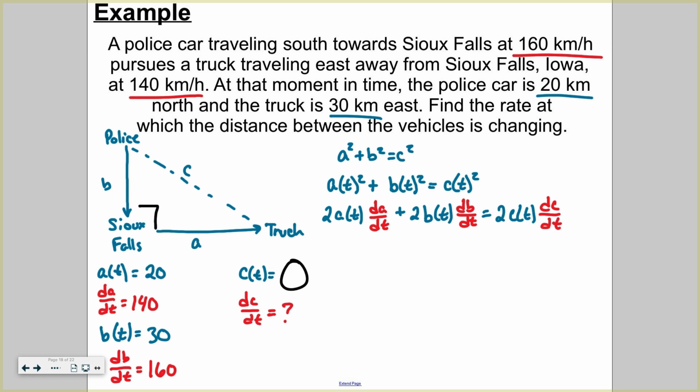And again, this is where the Pythagorean theorem comes into play. So we can draw our triangle. We know that the truck is 30 kilometers, the police is 20 kilometers, and we need to find the hypotenuse. So 20 squared plus 30 squared equals question mark squared. So this is going to be 400 plus 900 equals question mark squared.